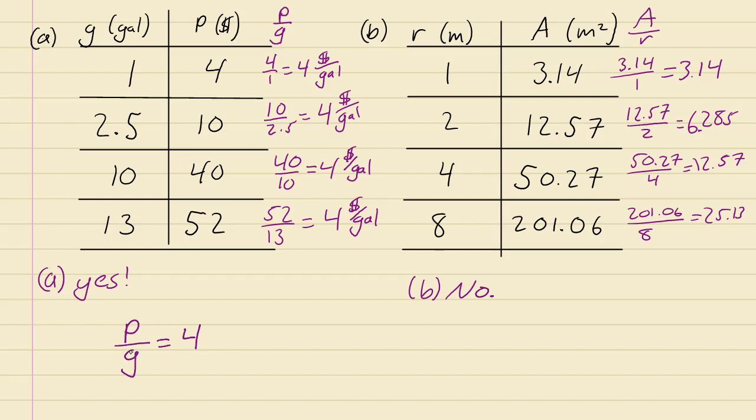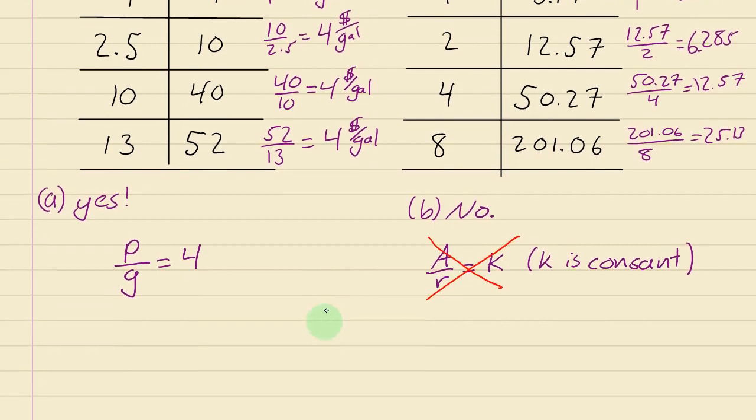But with this one, if you try to write A over R equals K, where K is some number, this is impossible, because you're going to get different values of K at different values of A and R. So it is not possible to write A over R equals a constant.